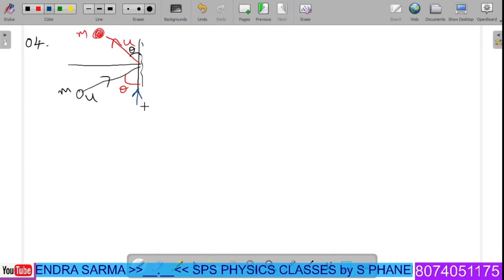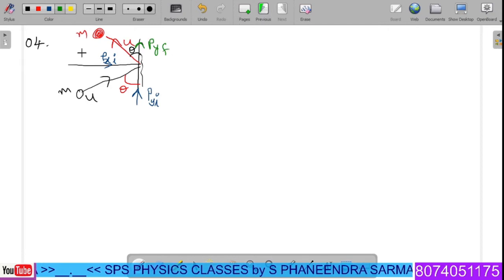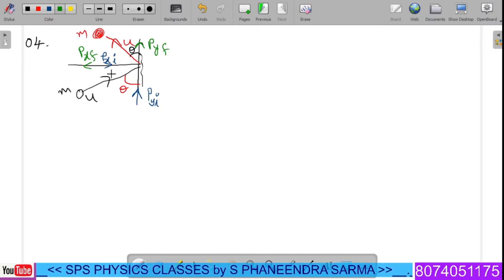In this direction we have p y initial, and in this direction we have p x initial. Now in the final case, along this direction p y final is there, and along this direction p x final is present. No doubt, the linear momentum of the object is divided here into two components.